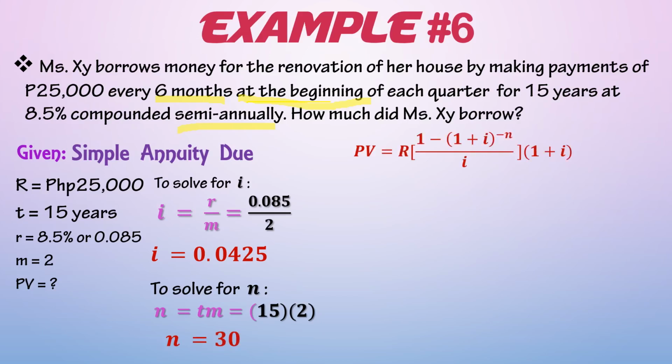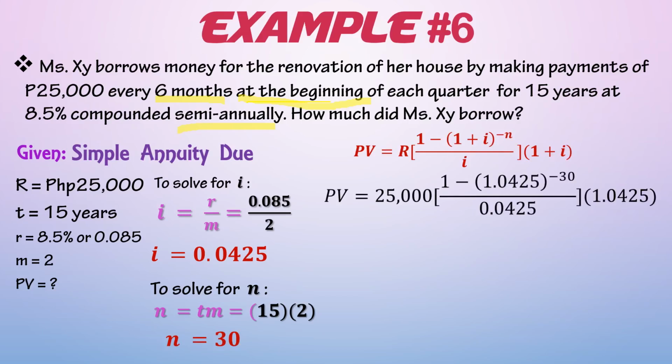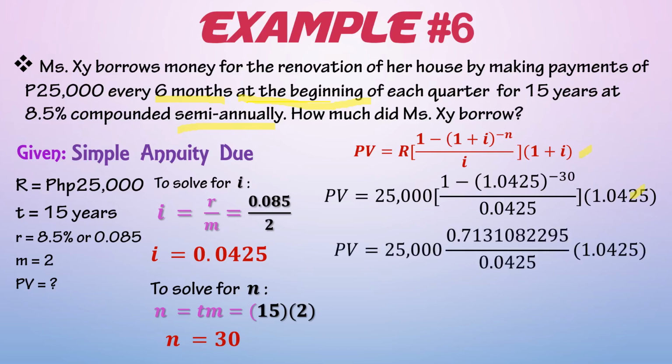This will be your formula. Substitute here. You will have 25,000 times 1 minus 1 plus i, again 1.0425, here and here, then divide by the value of i. So working on this, you will have 1.0425 to the negative 30, and then subtract it from 1.